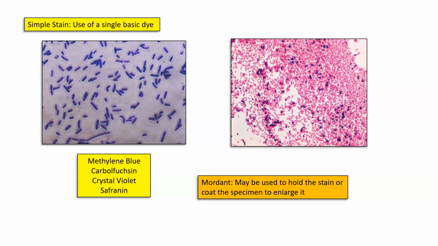The gram stain and simple stain typically use a mordant, a chemical or a stain that is used to maintain the stain, or coat it, so that it isn't readily washed off. It's kind of a fixative, an agent that makes the stain more permanent. So when you hear the term mordant, it's just used to make the stain stick.